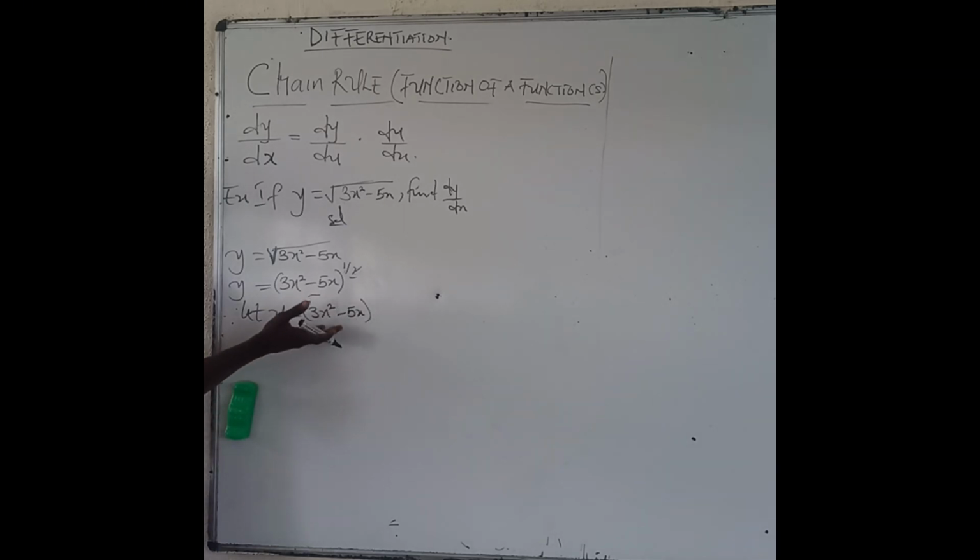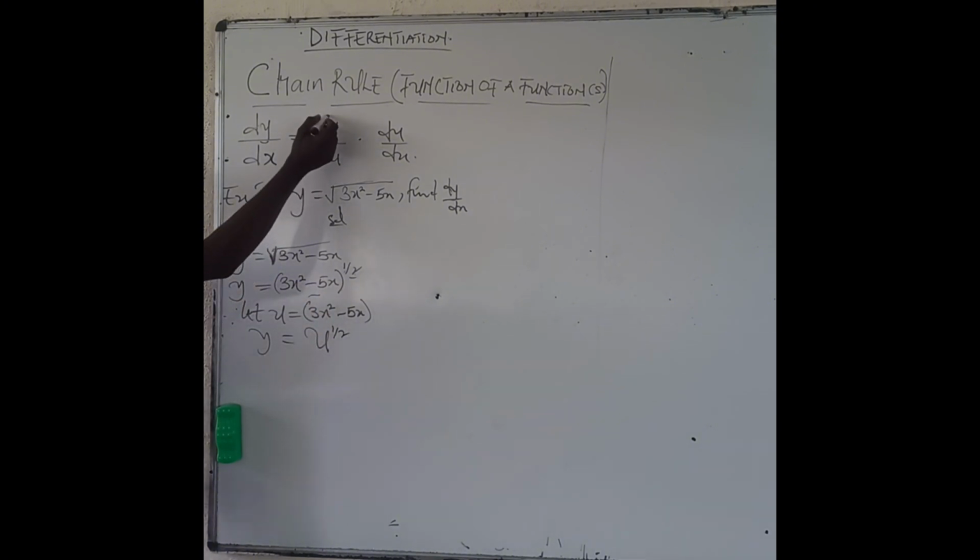So when u is equal to 3s squared minus 5s, you can easily say that y is equal to u raised to the power 1 over 2. So now you are differentiating u with respect to s and you are differentiating y with respect to u.